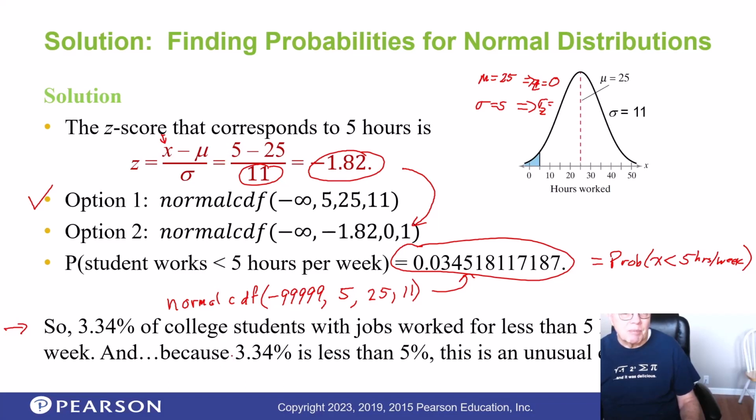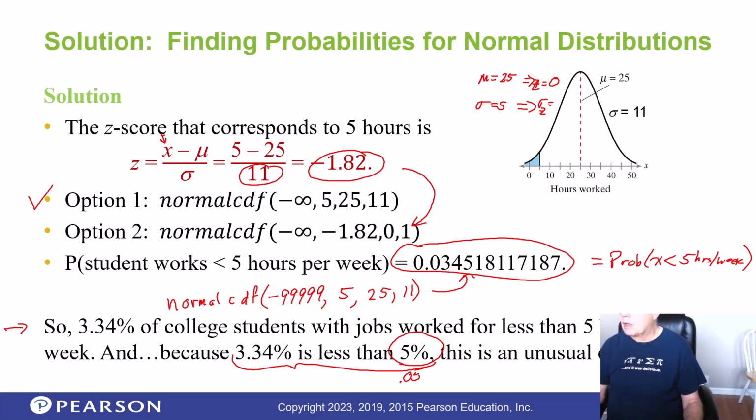Now this is important because if someone says, this happens all the time, doesn't it? You can say, no, it's less than 5%. 5% is another sort of gold standard. We use 5% a lot, or 0.05. If it's happening less than 5%, it's not very often. It's less than 1 in 20. So there you go.